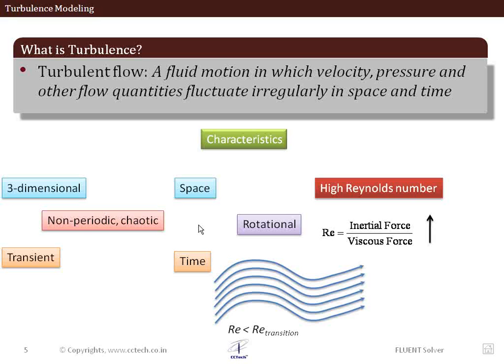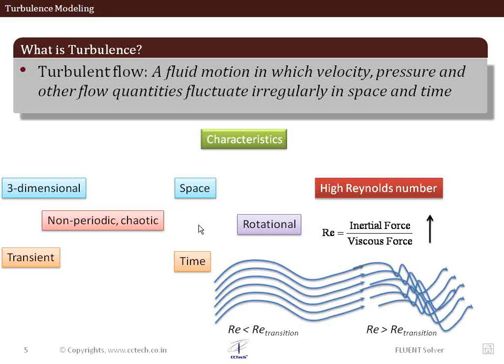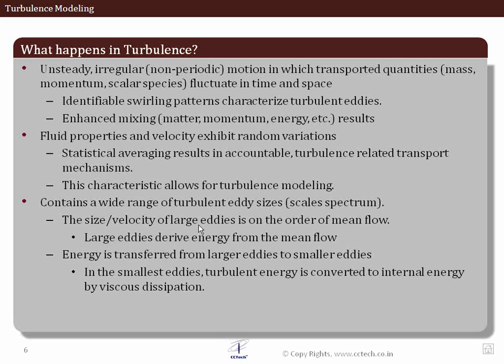But once the Reynolds number exceeds that value, the layers start mixing together. This mixing can occur because of changes in geometry, or simply because the inertial forces are too high. That's when we can say that turbulence has set in.